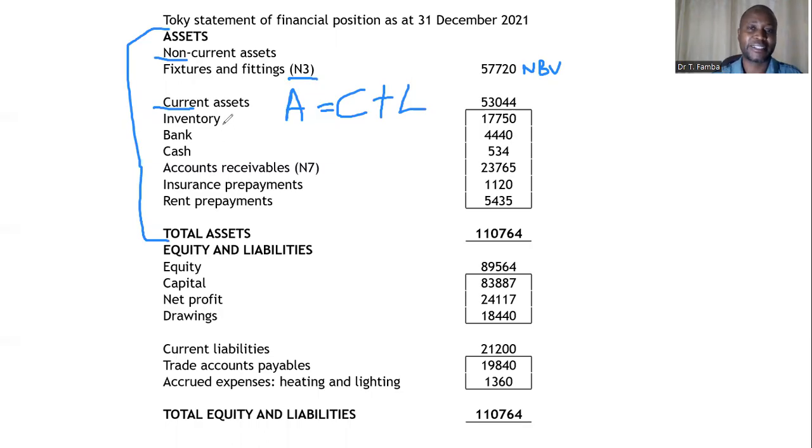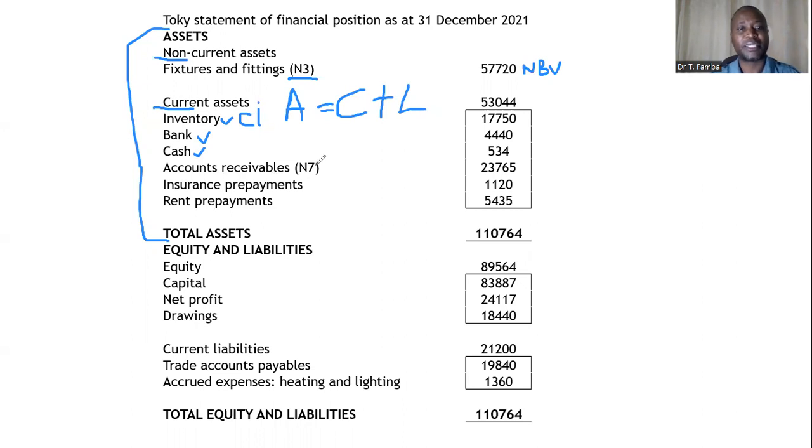So our current assets, this one is given, this one is given, this one is given. But remember this one, I said that this is the closing inventory. So this is inventory at the end of the trading period. So that is the amount that comes here.